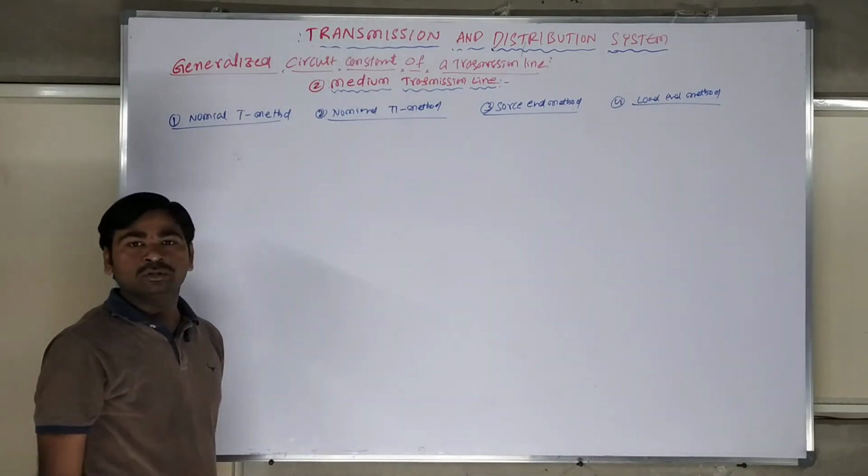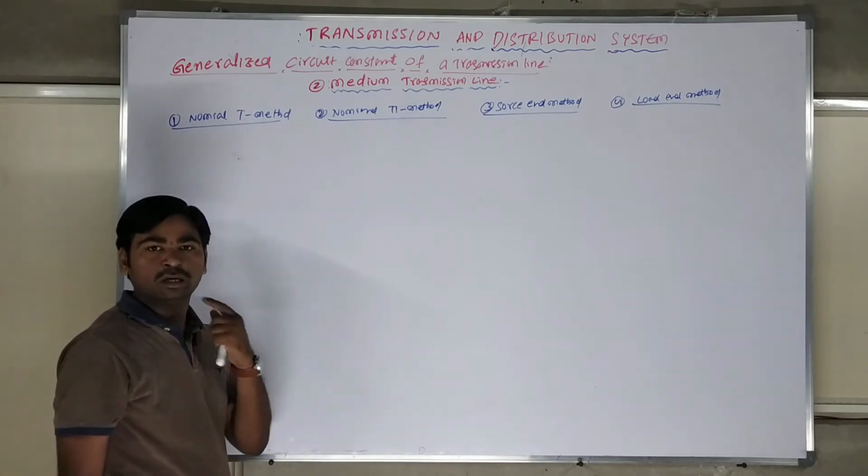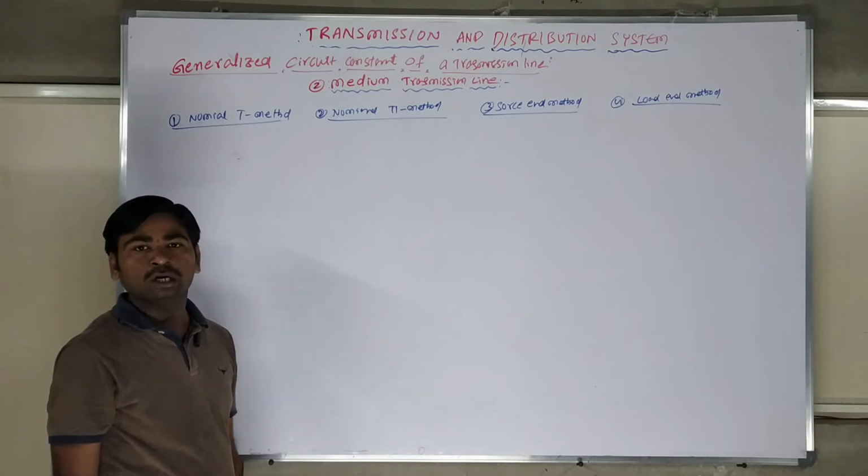I think we already know that for a short transmission line we calculated the ABCD parameters for the impedance model and the admittance model.